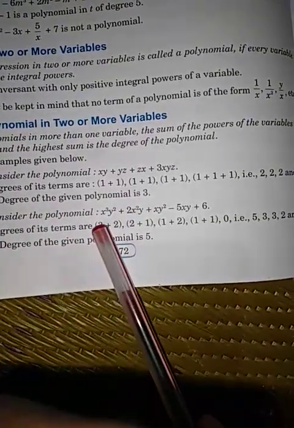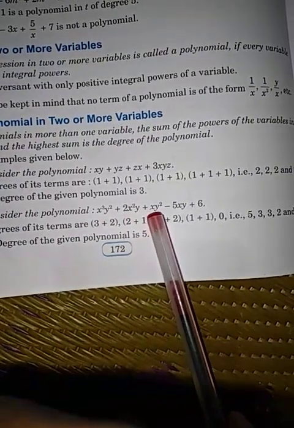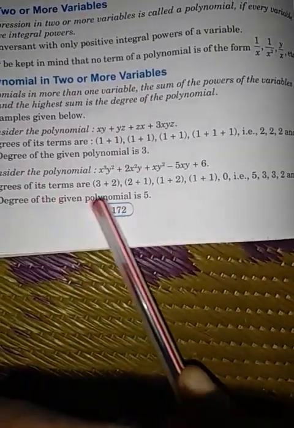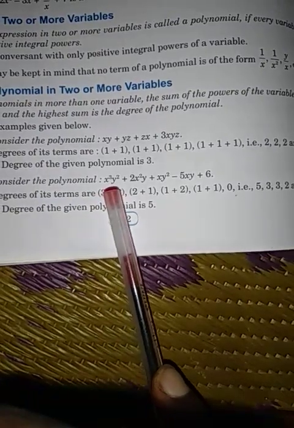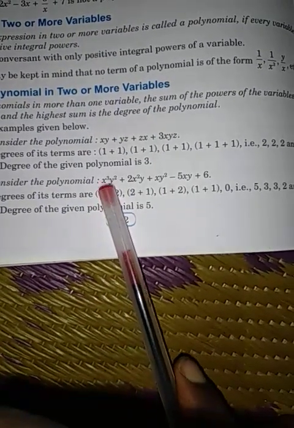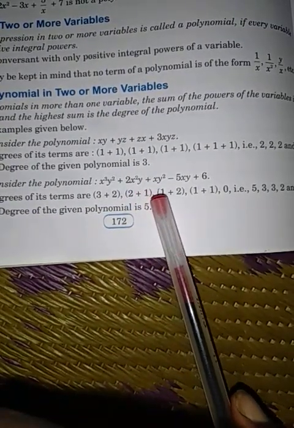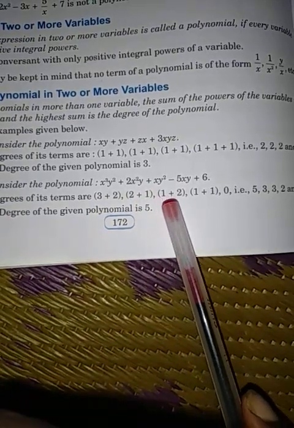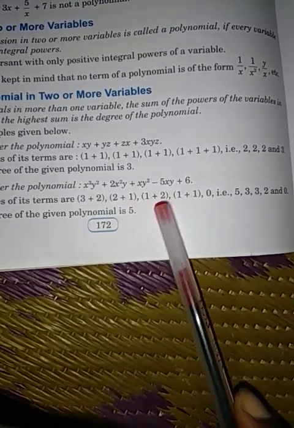Consider the polynomial x cube y square plus 2x square y plus xy square minus 5xy plus 6. Here, the degree of each term: in the first term the power of x is 3 plus the power of y is 2, so 3 plus 2 is 5. In the second term, the power of x is 2 and the power of y is 1, so 2 plus 1, that is 3. In the third term, the power of x is 1, the power of y is 2, so 1 plus 2, that is 3.